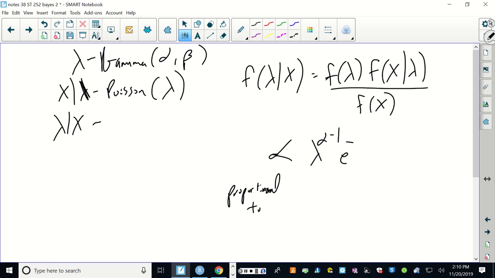There's an e to the negative beta lambda here. And in this one, there's a lambda to the x, e to the negative lambda. There's some other combinatorics and multiplier things here, and this whole thing in the denominator where lambda is integrated out. But the shortcut to the answer is looking at these things.